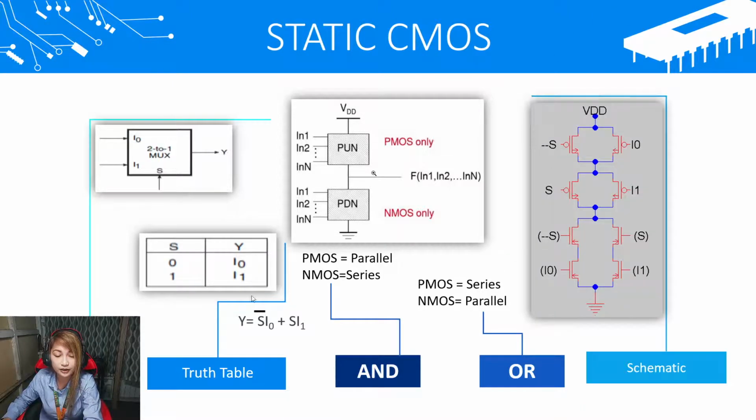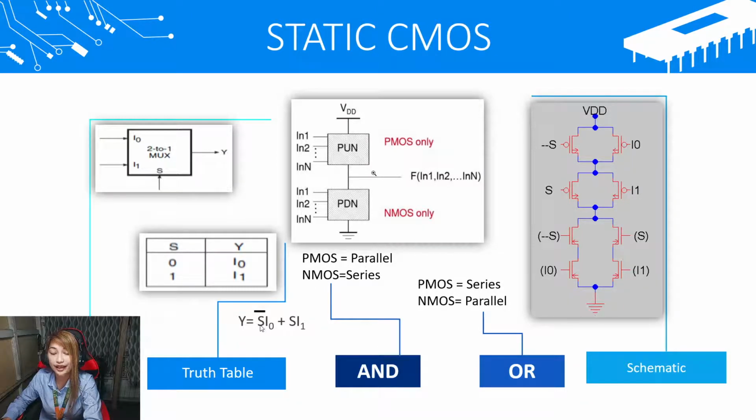Let us now first proceed with our Boolean expression. For the Boolean expression, we have here S bar ANDed with I sub 0 and ORed with S ANDed with I sub 1. This is our pull-up network, which must comprise PMOS only. For PMOS, when they are ANDed, they must be in parallel.